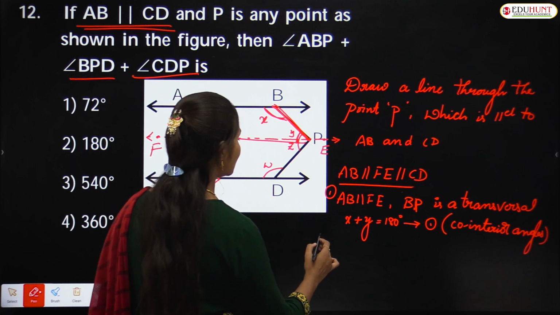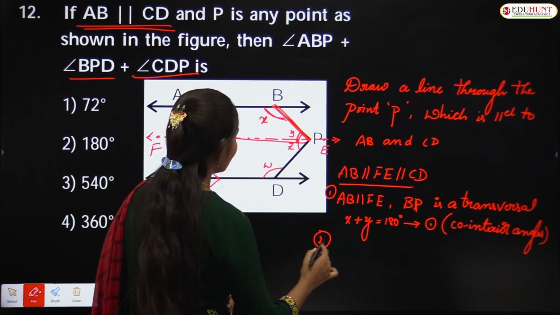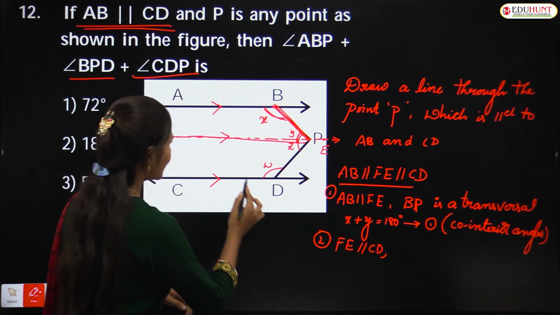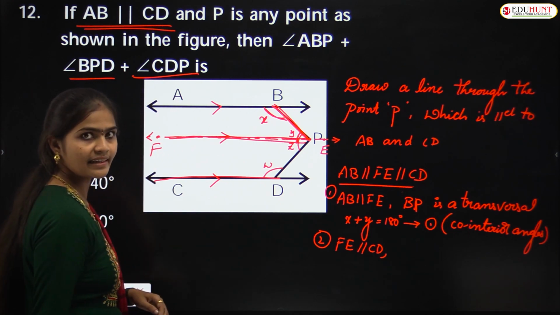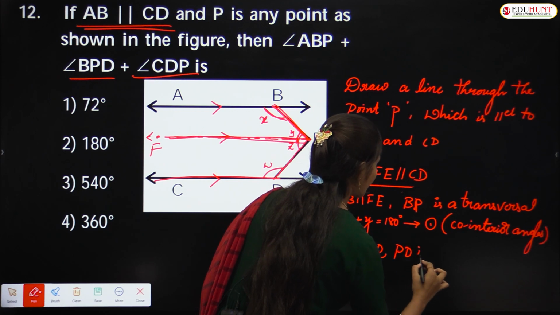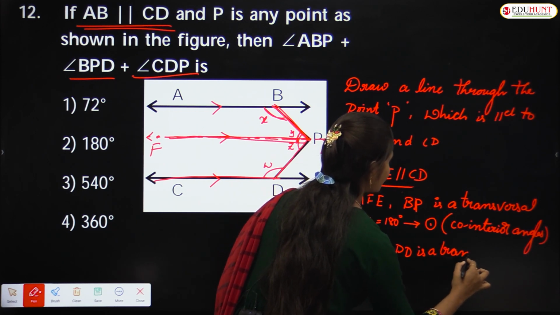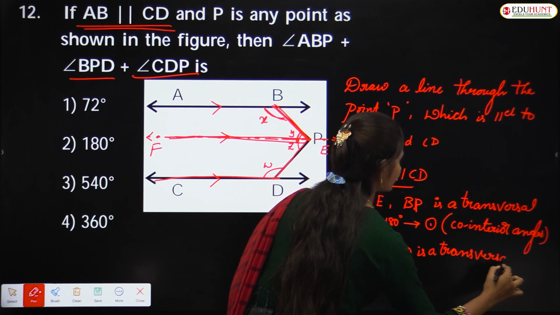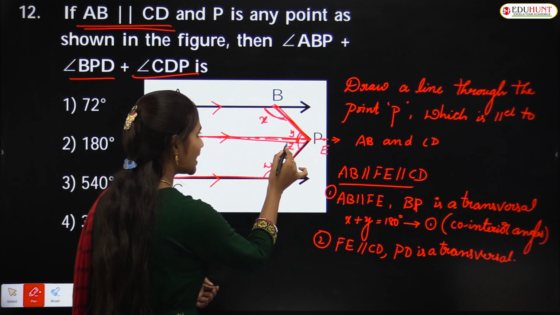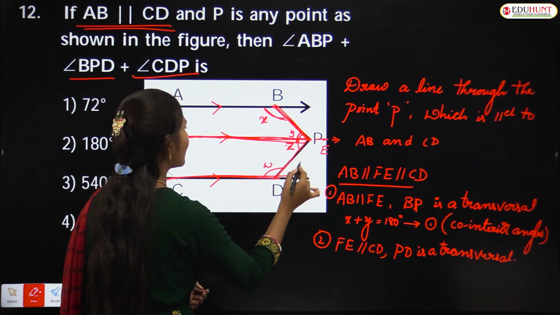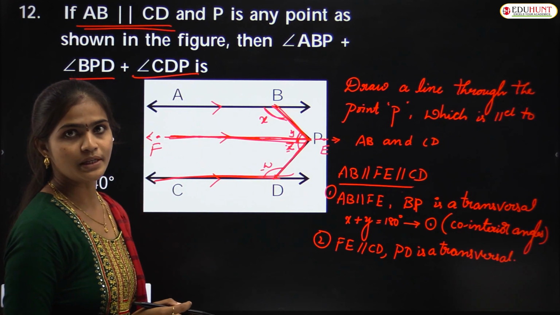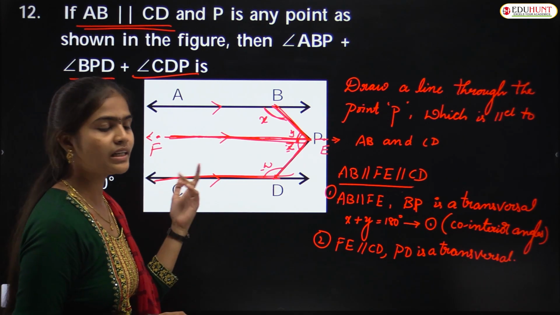Now come to the second condition: FE is parallel to CD. Now which one is the transversal? PD is a transversal. When these two lines are parallel and PD is a transversal, Z and W also form co-interior angles.